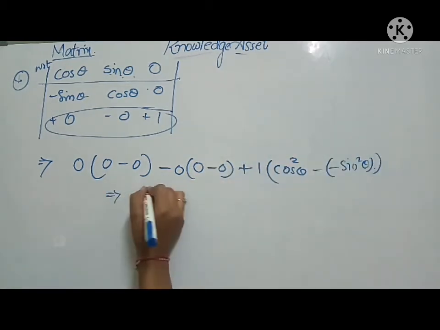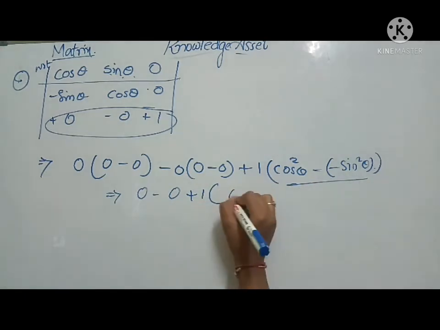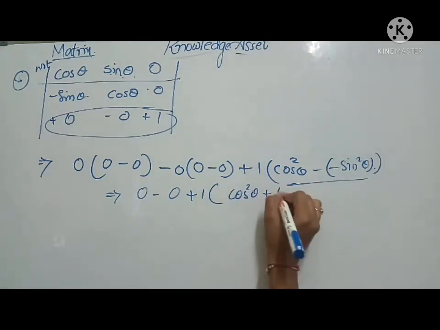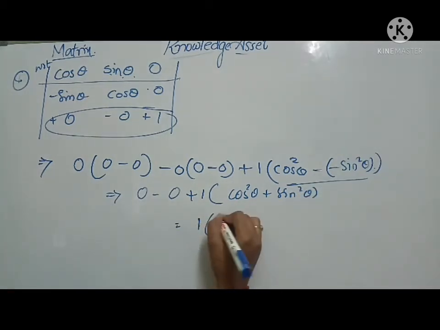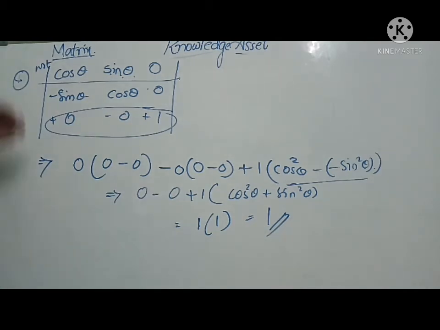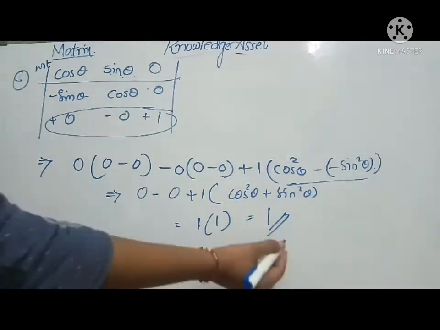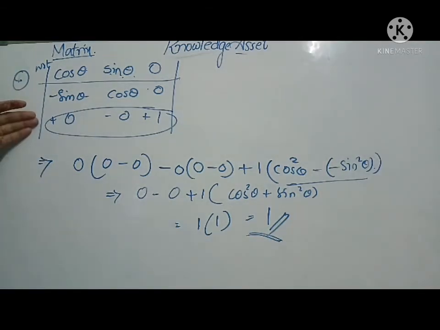Now this gives 0 minus 0 plus 1 into cos²θ plus sin²θ. We already know cos²θ + sin²θ is equal to 1. Hence, the determinant of this matrix is equal to 1 when we expand with respect to row 3.